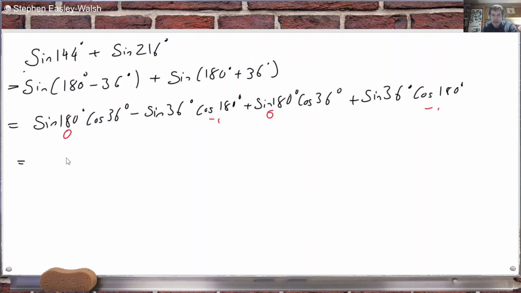So you would be left with sine 36 minus sine 36, which is 0. So if you don't have a calculator, or you want to prove it without using a calculator, there you go.